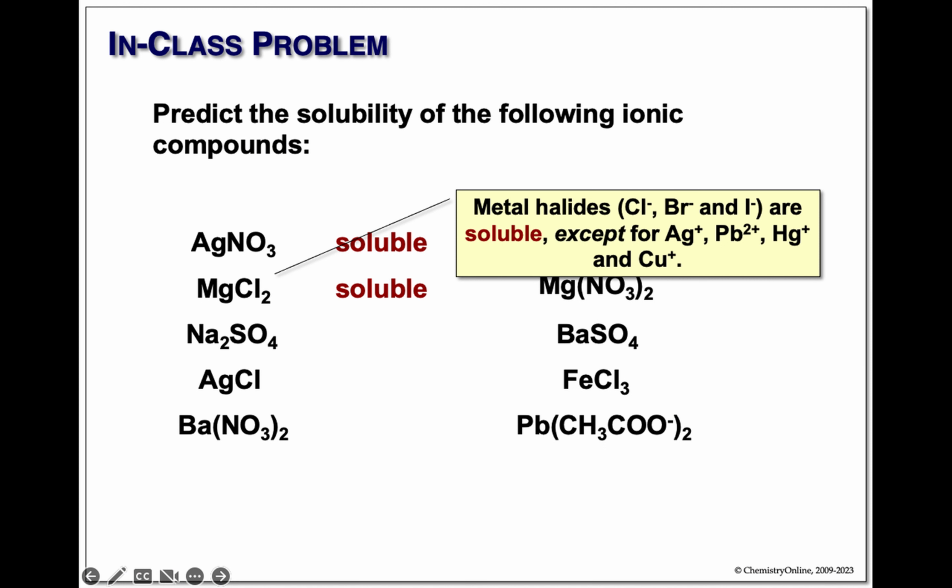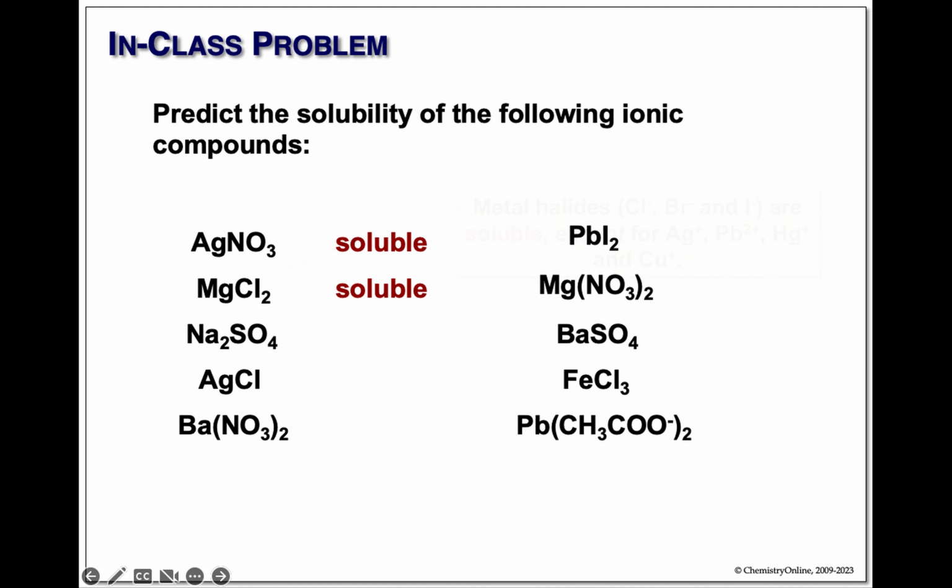Silver, lead, mercury, and copper are not. Most sulfates are soluble, aren't they? Not only that, sodium, group 1, it's going to be soluble anyway.